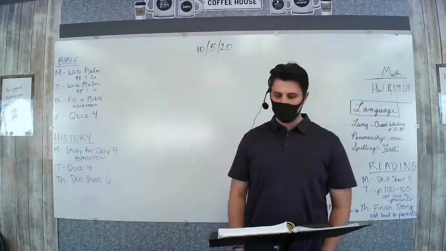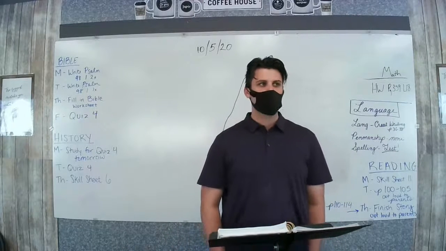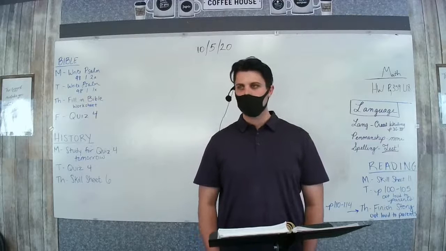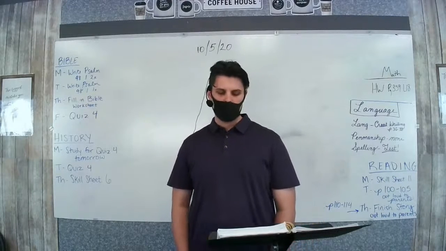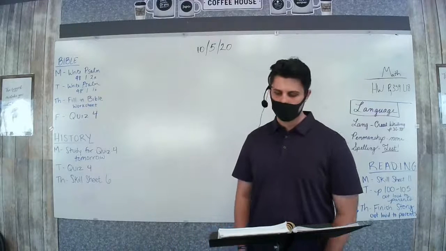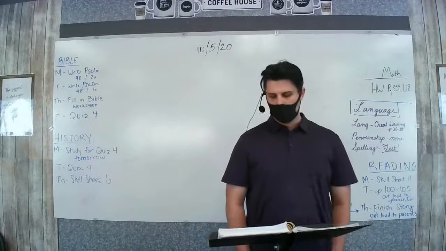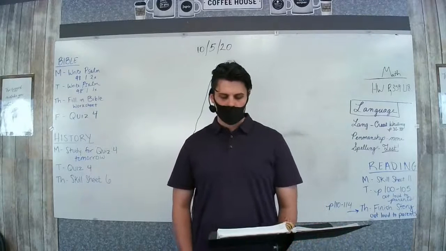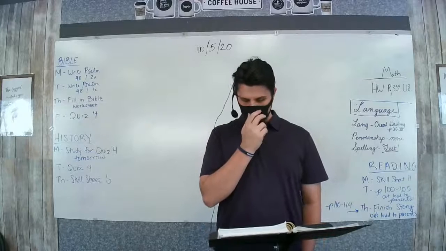Alright, here you add the sum of the digits too, okay? So 819. Can you divide it by 9? Why? Good. So you add all the digits up, and it's 18. You can divide 18 by 9, so it works.